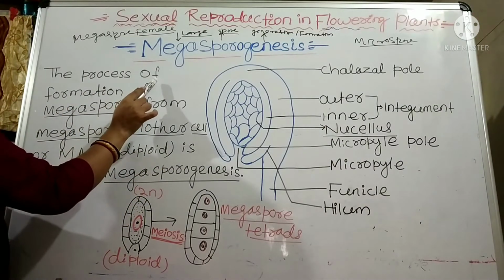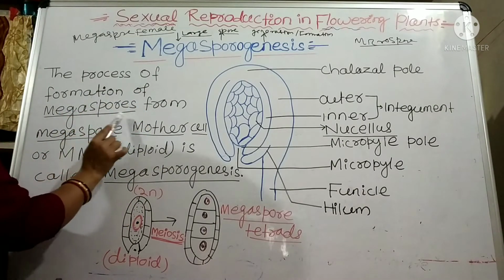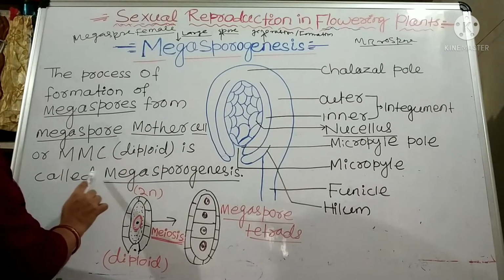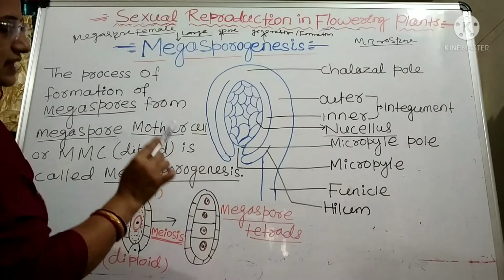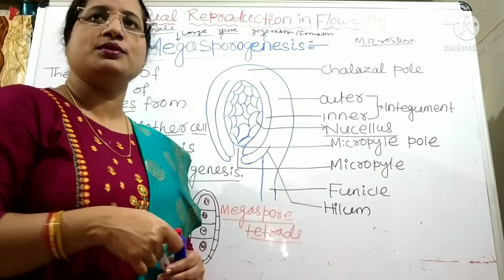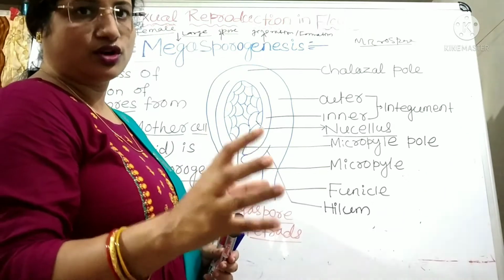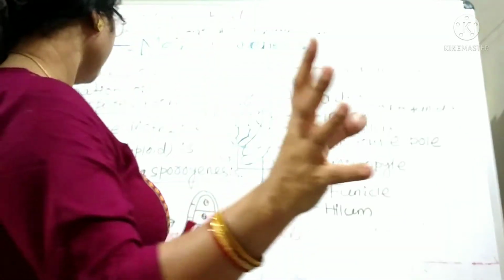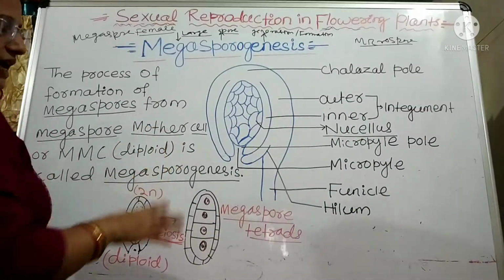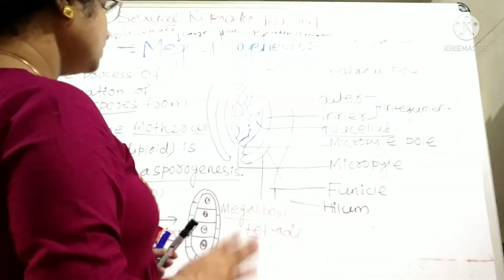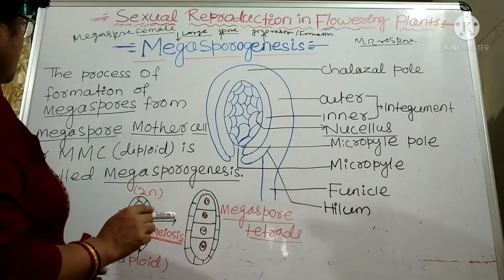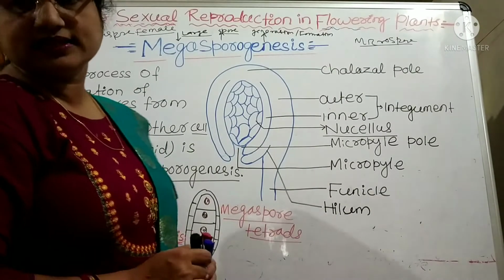So the process of formation of megaspores, the female spores, from the megaspore mother cell is called megasporogenesis.